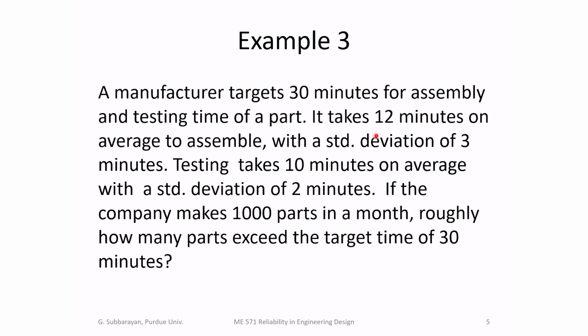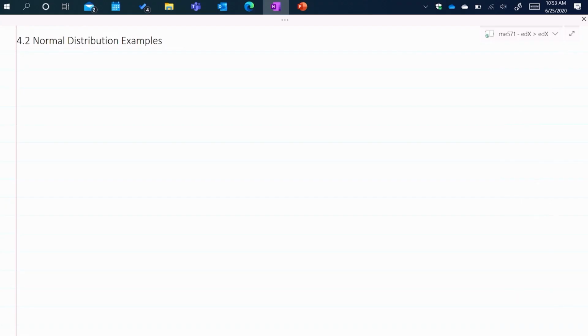We're given that the total time is the sum of the time to assemble and the time to test. Then we need to estimate, from the statistics of these two, the probability that the total time will exceed 30 minutes. So let's do this.